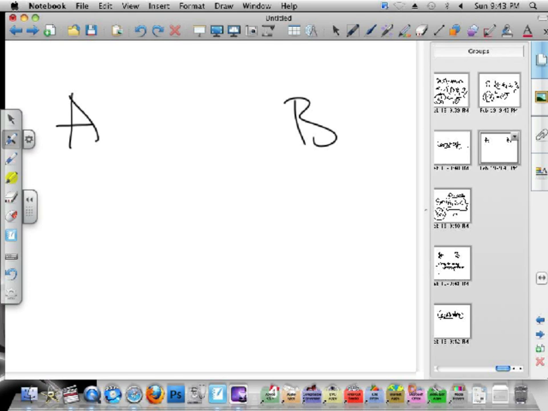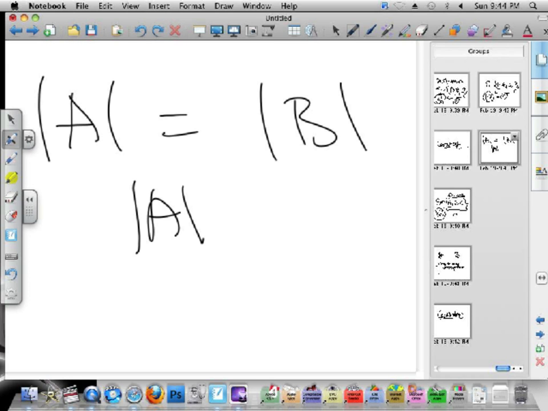So the way we denote A having the same cardinality as B is, cardinality of A equals cardinality of B. Now, if there exists a one-to-one function, not onto, from A to B, the cardinality of A is less than or equal to the cardinality of B, to which we write the cardinality of A is less than or equal to the cardinality of B.